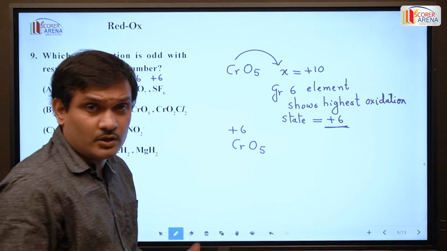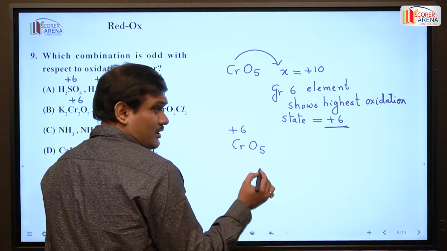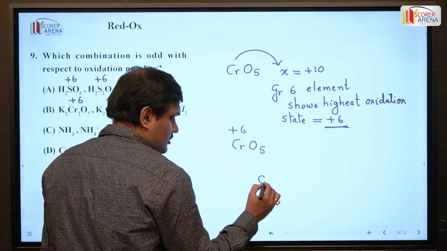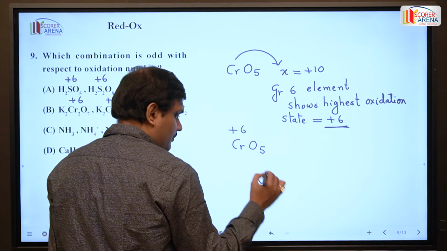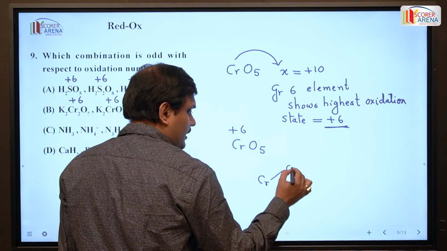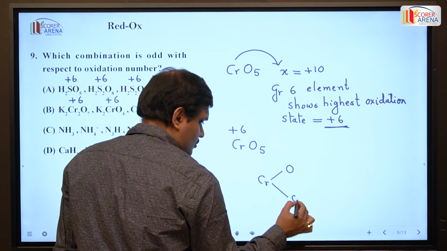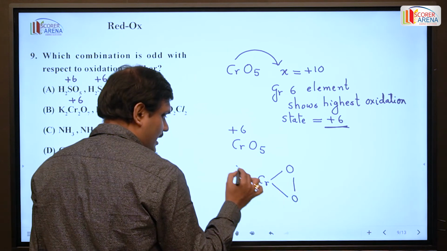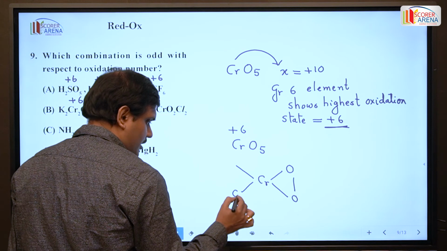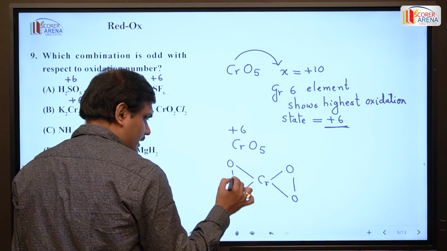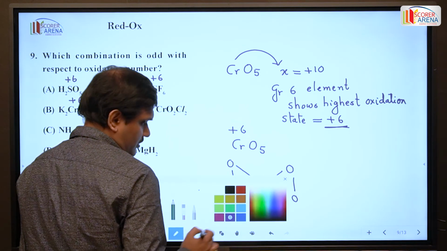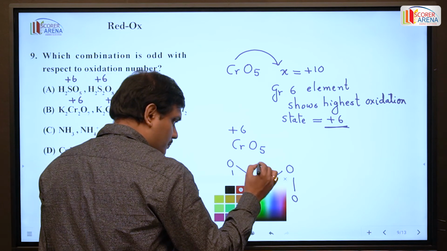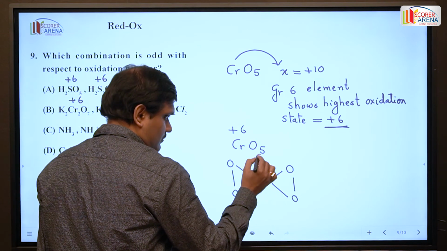Now if you try to find the explanation, you have to draw the structure. CrO5 has a very well known butterfly-like structure, where we get two peroxy linkages.